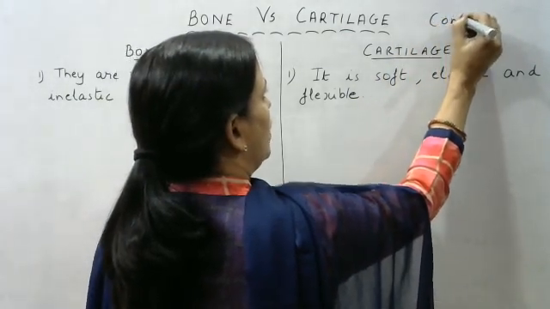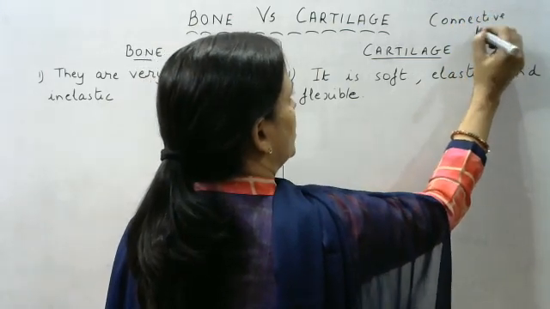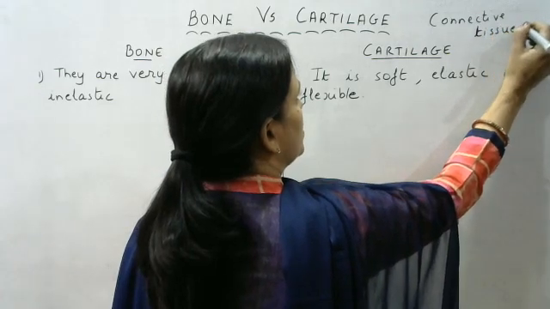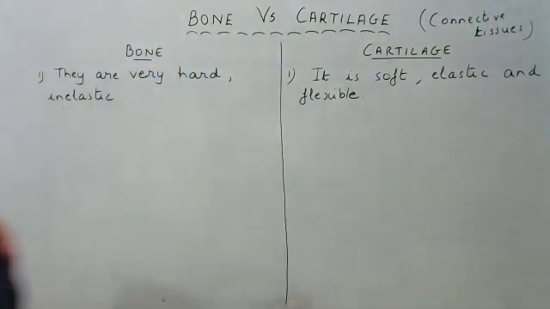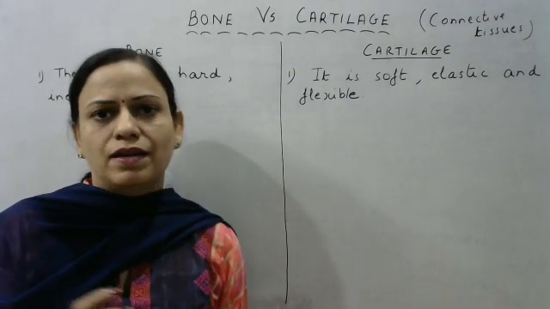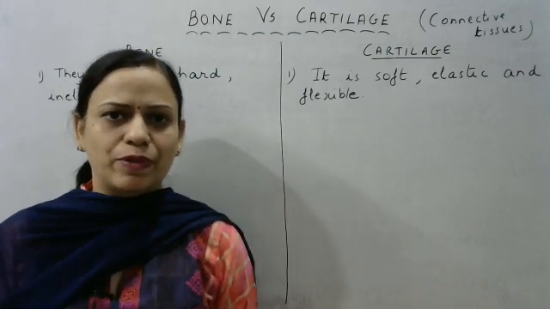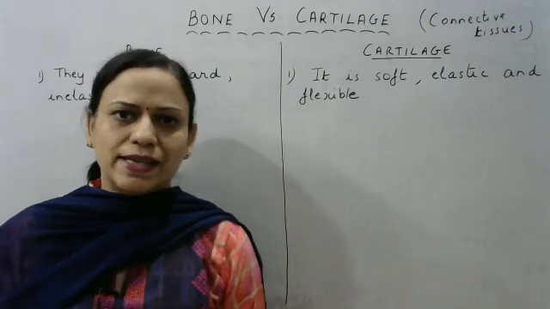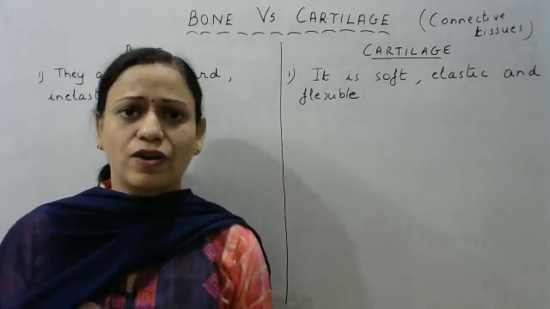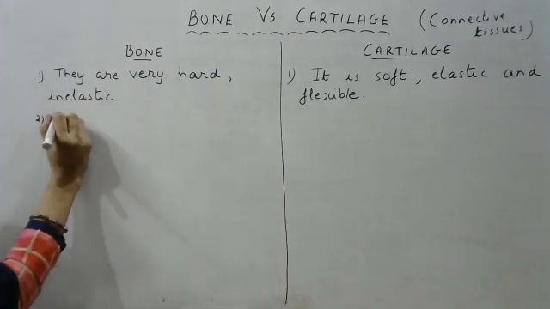So in all, we are discussing two connective tissues, the difference between two connective tissues. And we know that connective tissue is a tissue which connects two different parts of our body or two different tissues of our body. It acts as a connecting link between various tissues present in our body, or between different organs also, we can say.